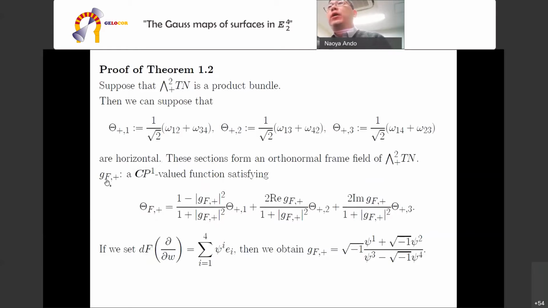Let G_F^+ be a CP^1-valued function satisfying this equation. If we set this psi_i, E_i, then we obtain this representation of G_F^+ by psi_1, psi_2, psi_3, psi_4.